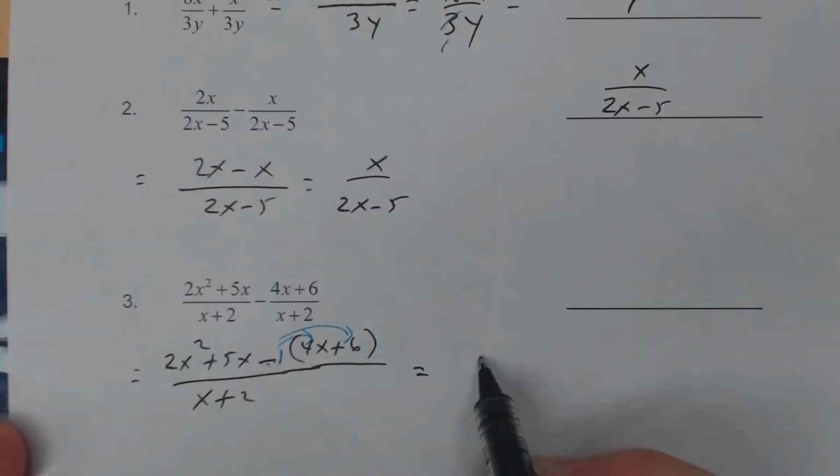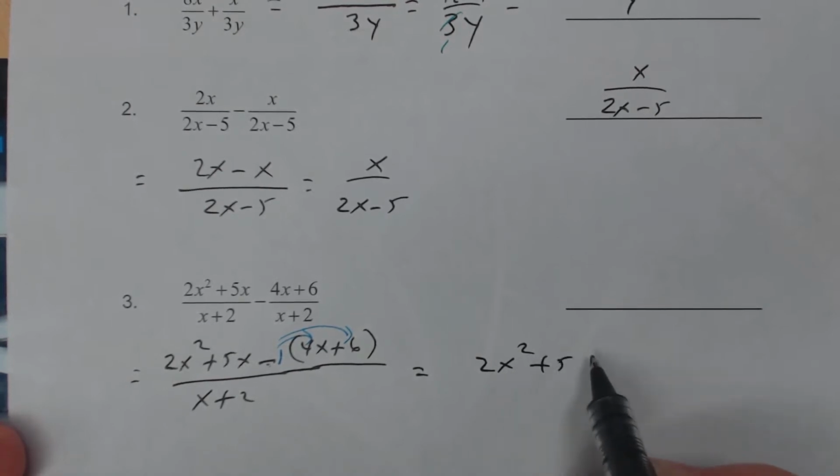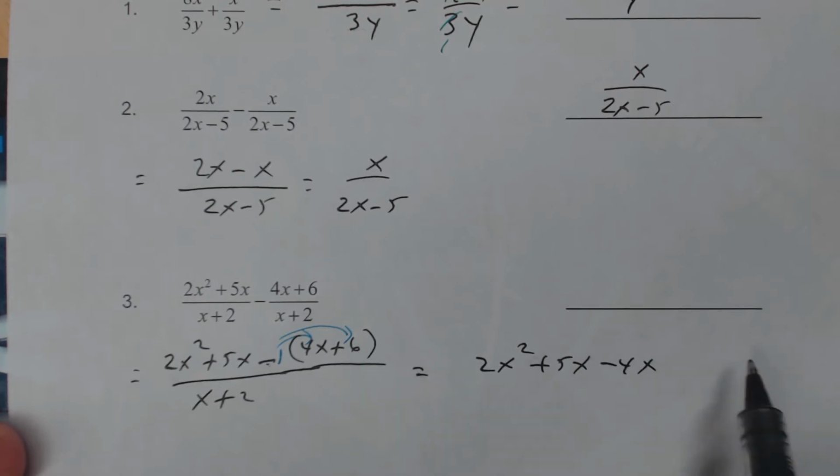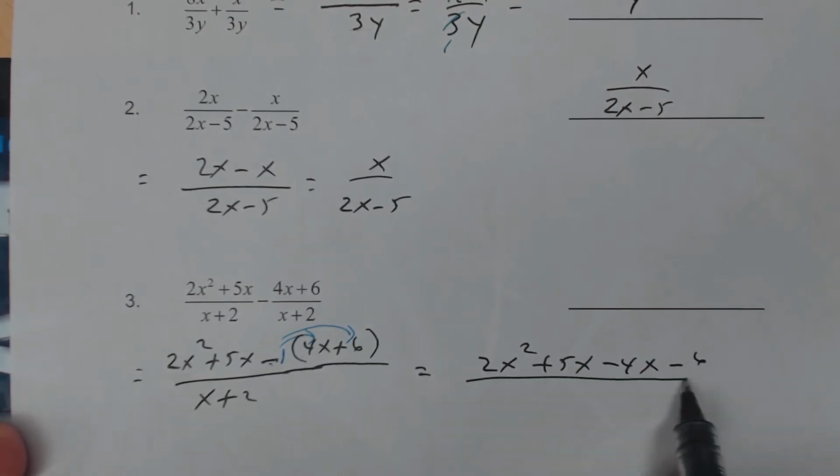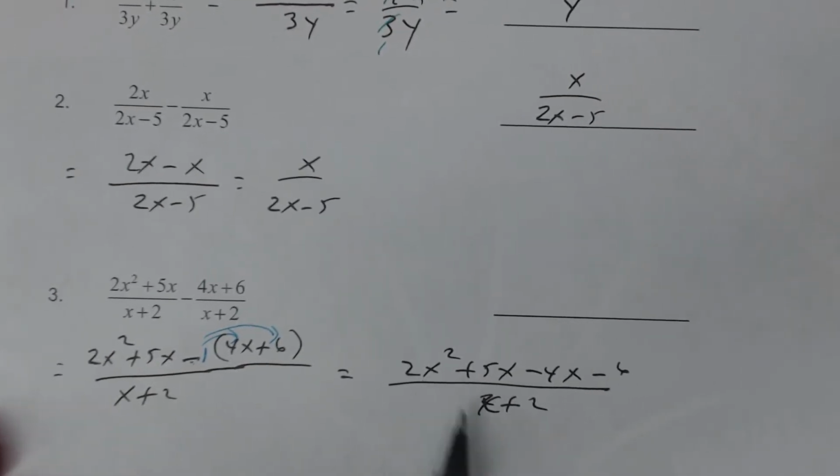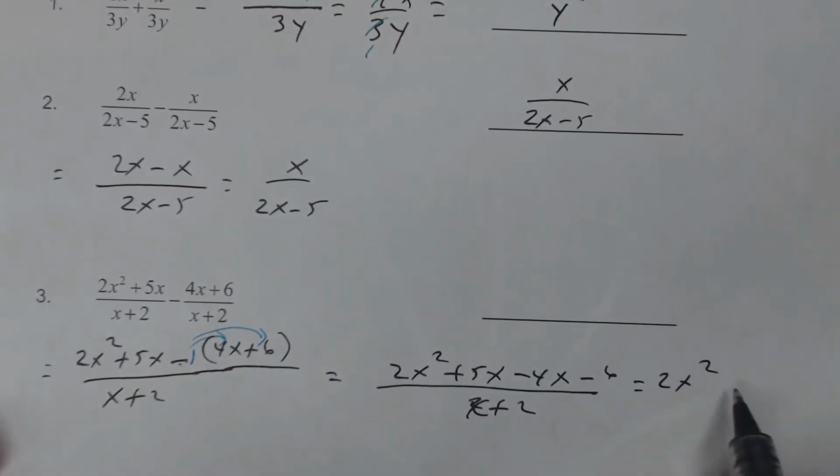I'm going to get 2x squared plus 5x. Negative 1 times 4x is negative 4x. A negative 1 times a positive 6 is a negative 6. All over x plus 2. Combine like terms, I get 2x squared plus x minus 6 divided by x plus 2.